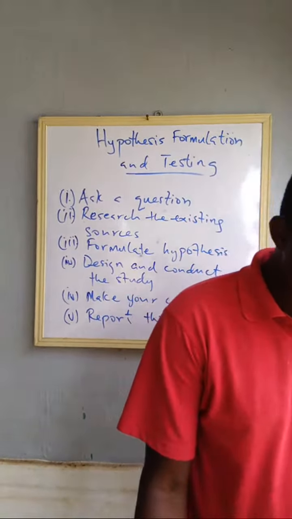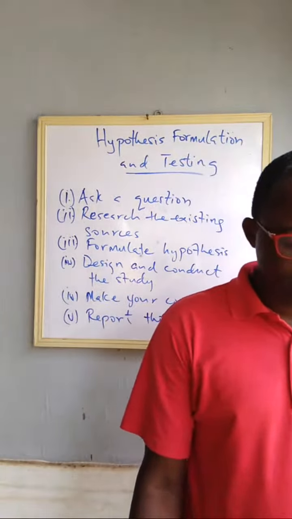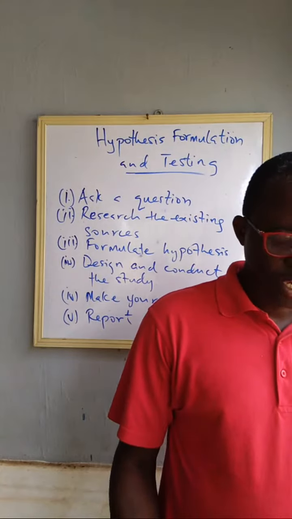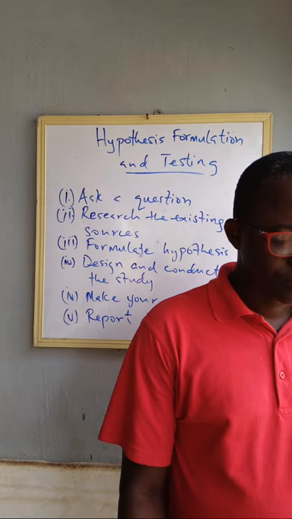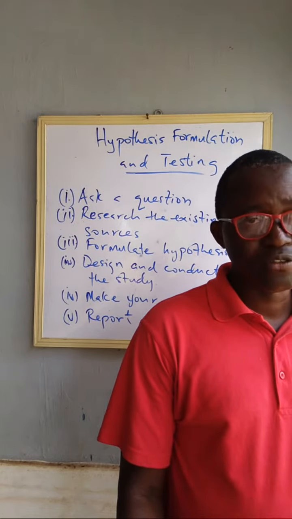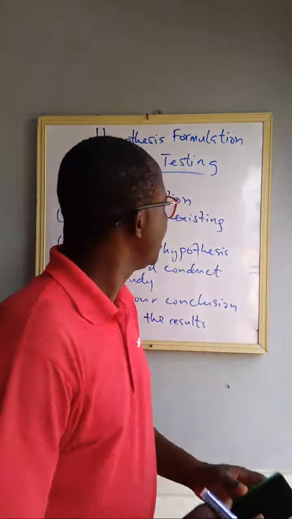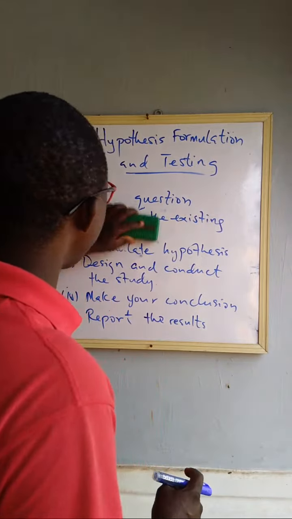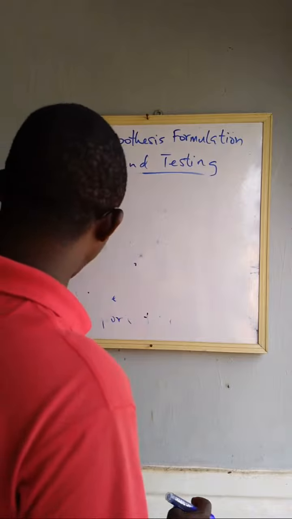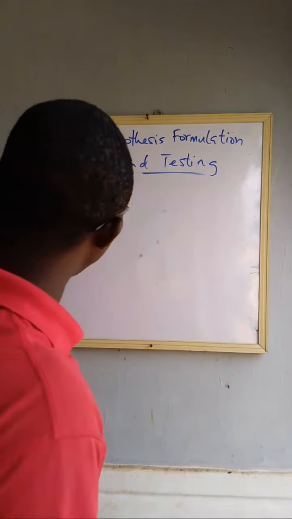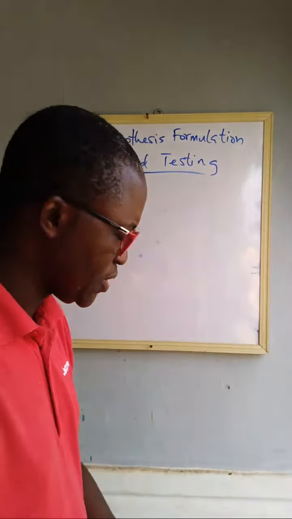Now, these are the steps that we follow in formulating hypotheses. Number 1, we have null hypothesis and then fundamental hypothesis. Like I mentioned, there must be a null hypothesis and at least one fundamental hypothesis.